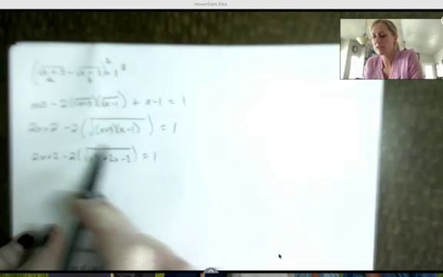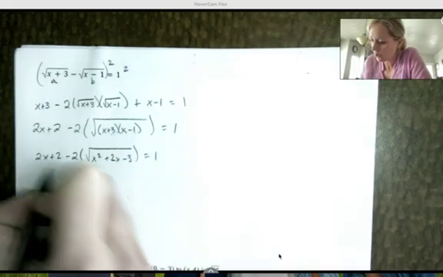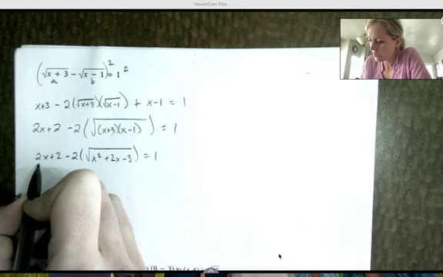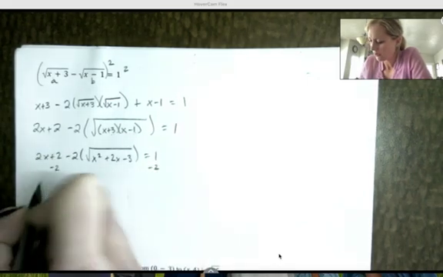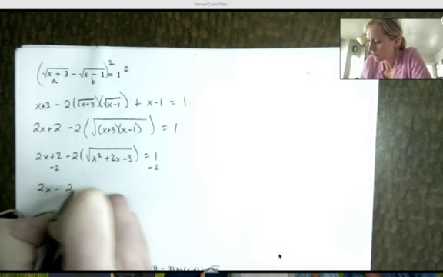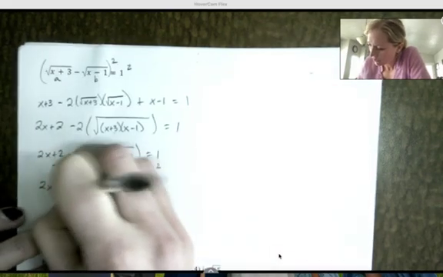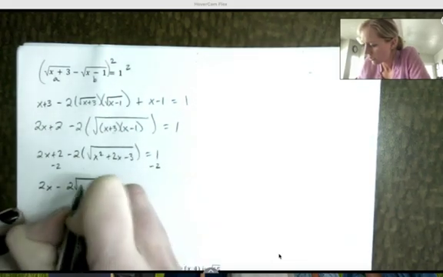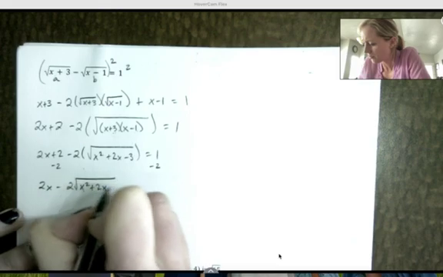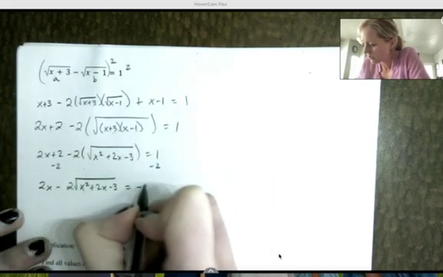Now I want to get this radical by itself, so I'm going to move this stuff over here. I'm going to subtract 2. So I've got 2x minus 2 times the square root of, I can probably get rid of the parentheses at this point, x squared plus 2x minus 3 equals negative 1.